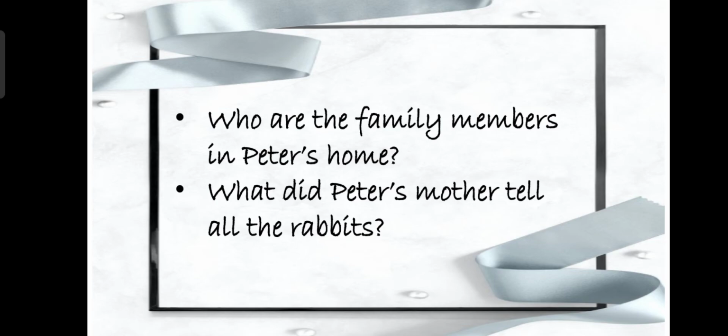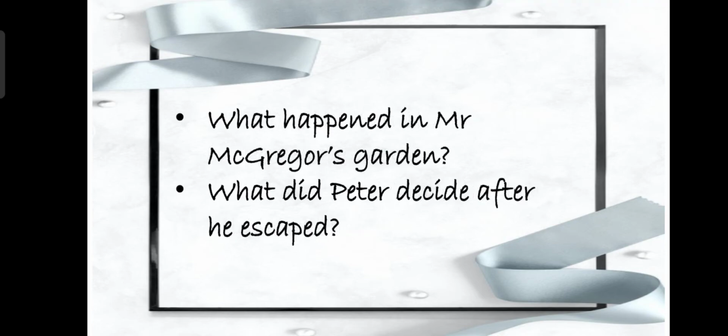Take a few seconds. You can pause it. What does Peter's mother tell all the rabbits? You know very well. Just write it. Done now? Then open it. What happened in Mr. McGregor's garden? Remember? Just write.